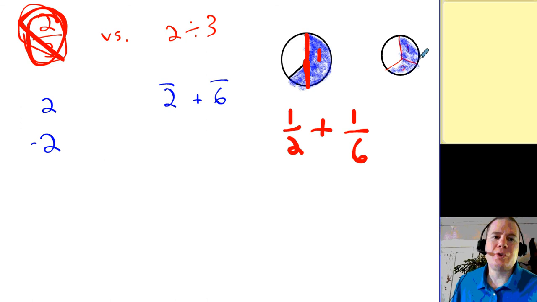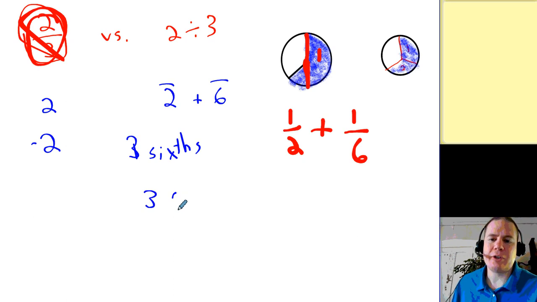Now, once we start thinking of these as units, so we can say 3/6 instead of saying 3/6 like that, we can actually show that as multiplication. 3/6.